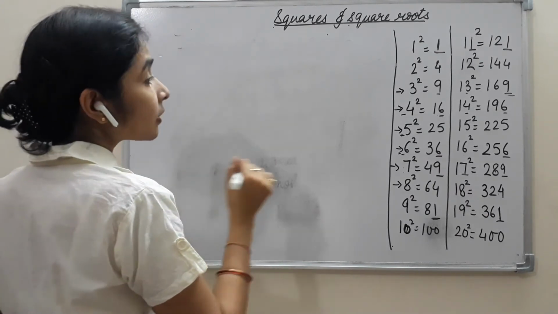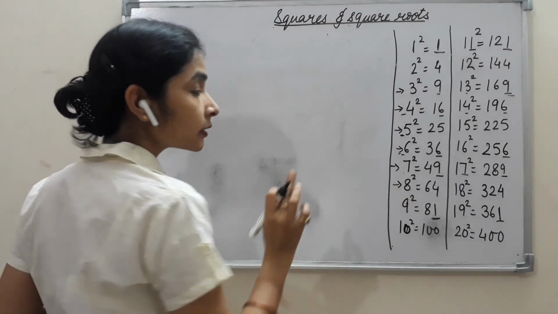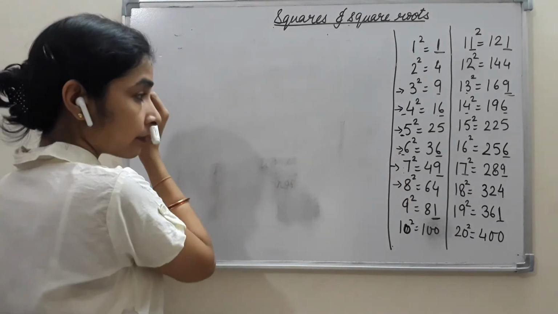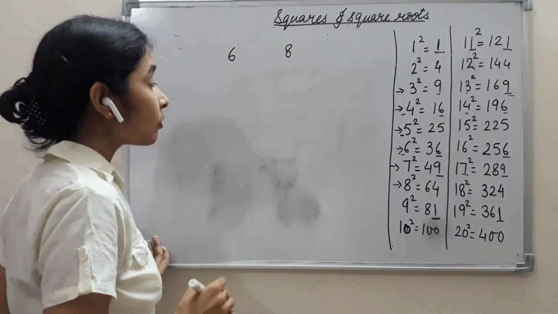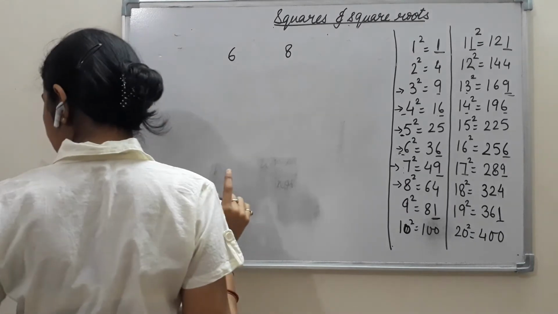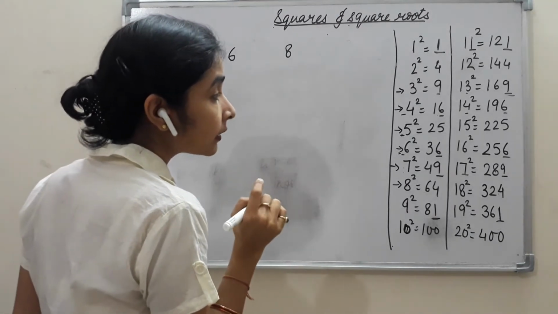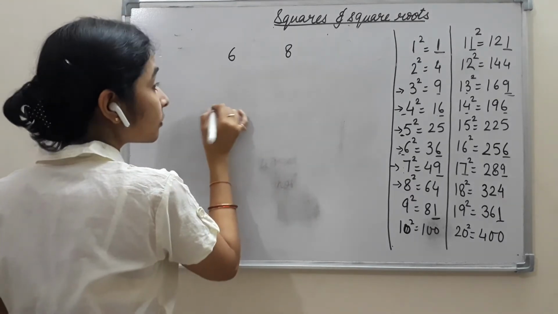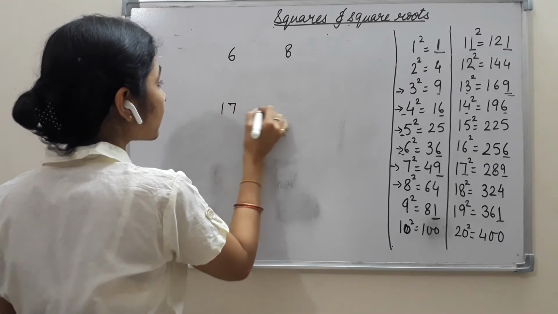Let us take 6 and 8. These are the two numbers that I am taking. And for two odd numbers, let us take 17 and 19.